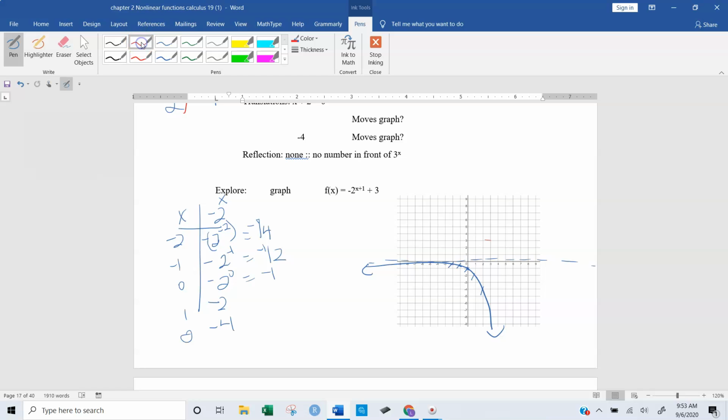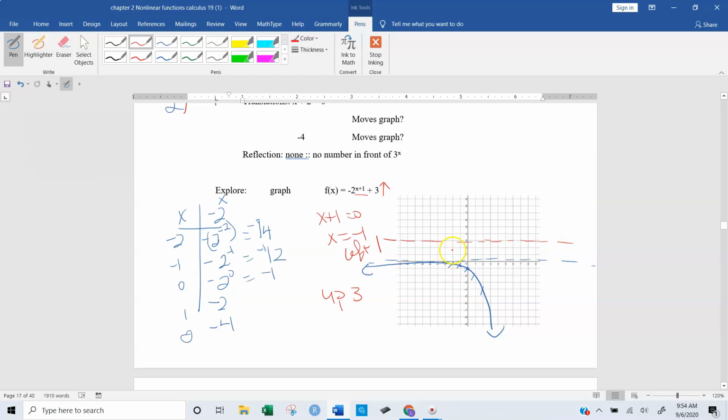Okay, now how did you move your parent graph? You should have looked up here and said, oh, it's x plus 1. So that means x equals -1. I'm going to move left 1. Up 3, because this is a +3. First thing, I'm going to move my asymptote. So it's up 3.